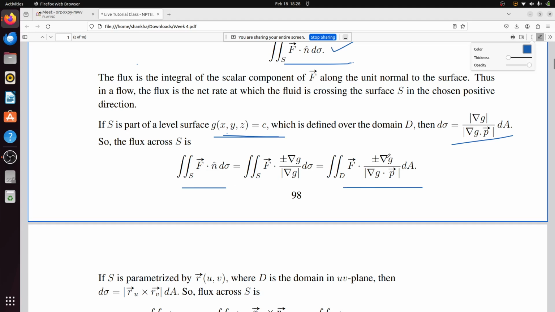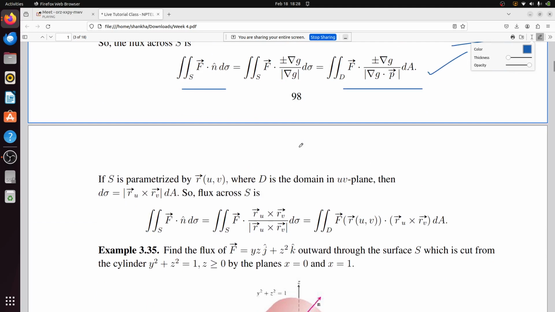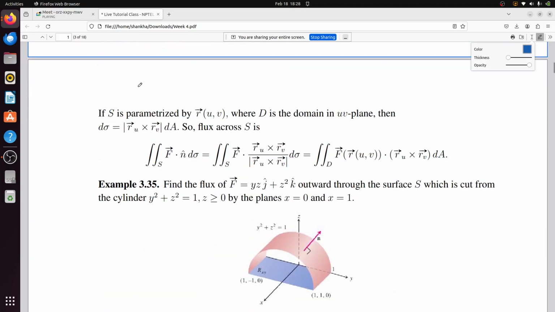So this n cap is nothing but the gradient of g divided by the modulus of gradient of g, dot p vector, into dA, and this dA is nothing but dx dy. So this is actually the formula for the flux. And if S is parameterized, where D is the domain in the UV plane, then d sigma is this, and here you need to just write in terms of the parametric form, right?